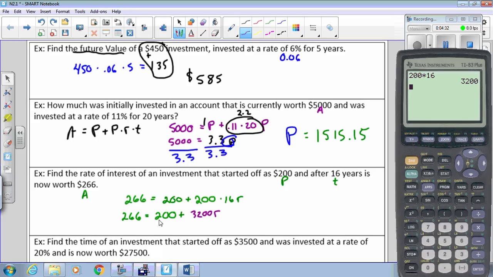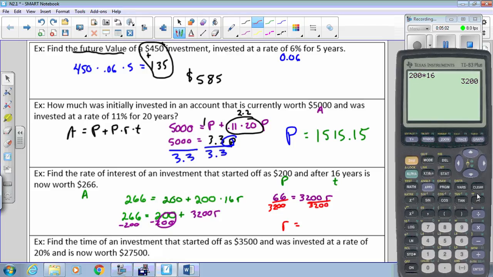So how do I solve this? I have to do 266 minus 200, and that would give me 0 here. I would have 66 is equal to 3,200R. So how do I solve this? I have to do 66 divided by 3,200. That's going to give me R, the inverse operation.